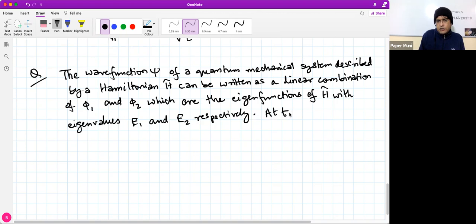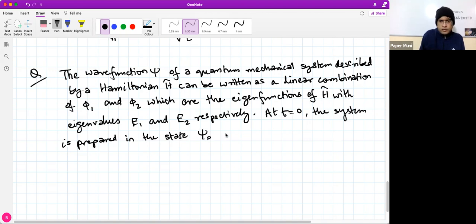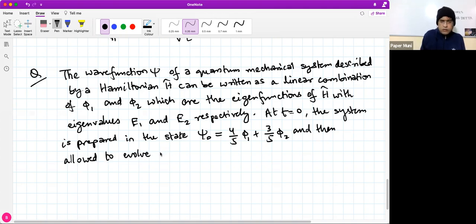Now at t equal to 0, the system is prepared in the state psi naught equal to 4 by 5 phi 1 plus 3 by 5 phi 2, and then allowed to evolve with time.